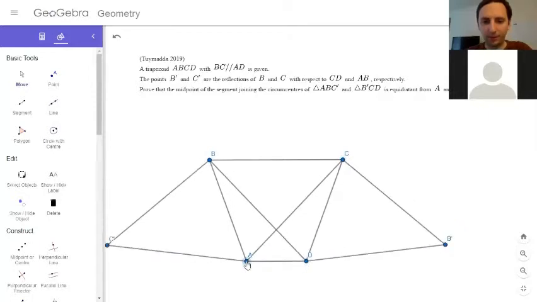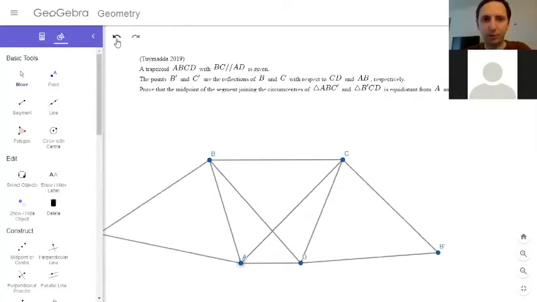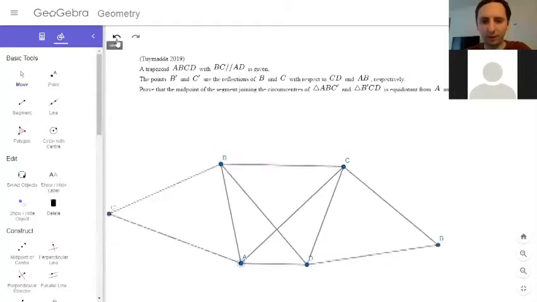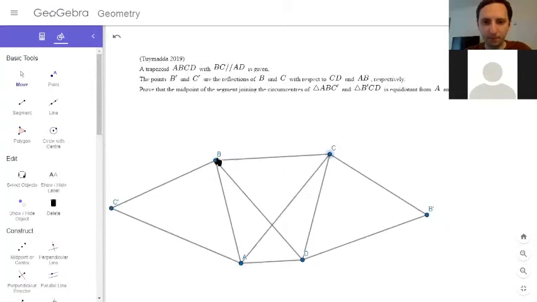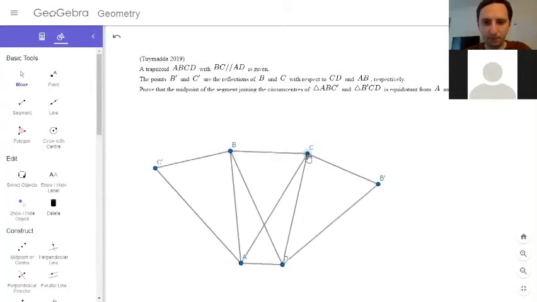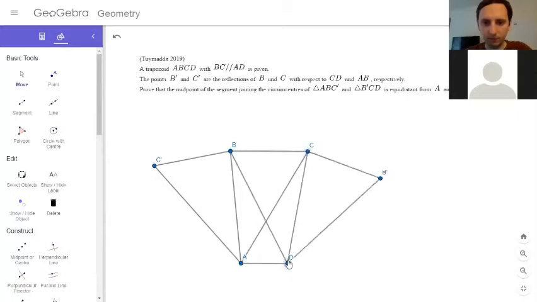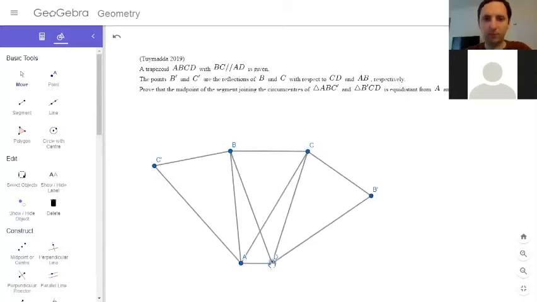Which way is better? I'll move it back to the old way. Actually, maybe like that. Okay.